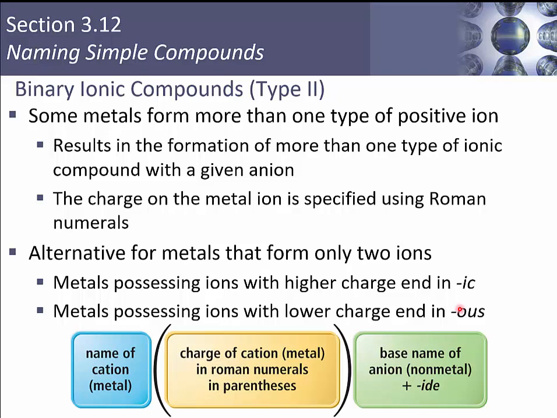But that's really ambiguous, right? Because I've got ferric, which is +3. It's the high state for iron. And then I've got cupric, but that's only a +2. So there's no differentiation to tell you without memorizing what the charges are, whether your -ic is going to be a 3 or a 2, or your -ous is going to be a 1 or a 2 or a 3, or what have you. So putting it in parentheses makes that way easier, right?